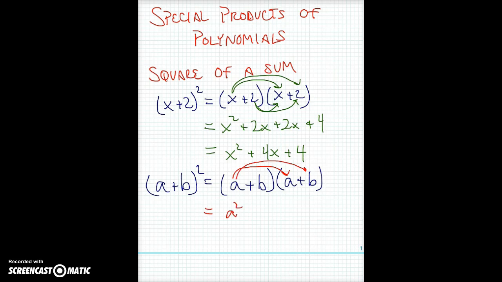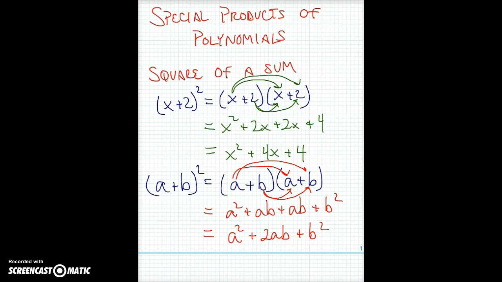A times b is ab. B times a is also a times b, or b times a, but we can write it either way. And b times b is b squared. If we combine our like terms, we end up with a squared plus 2ab plus b squared.